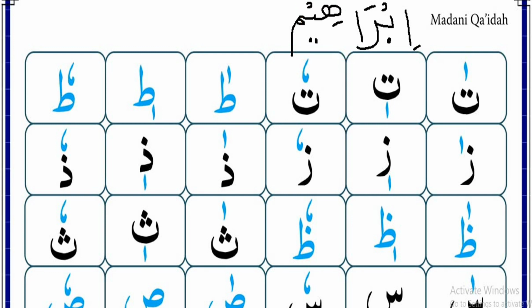If you remove both the madda letters, let's remove alif and ya, the madda letter, and now let's put the standing signs here. A standing sign on top of ra with a standing fatha and ha with a standing kasra.